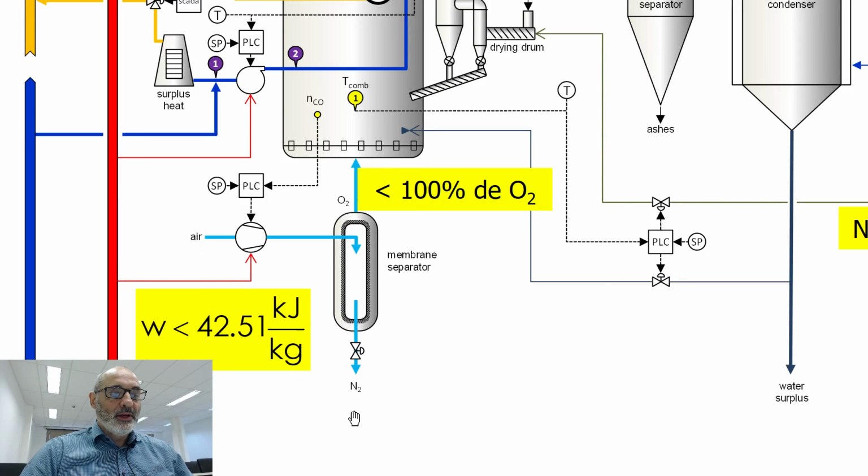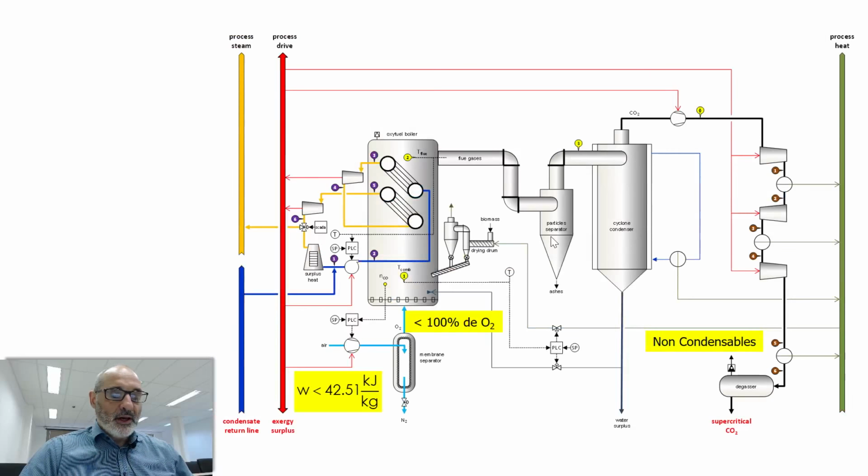So this is how this operating envelope can work. And if you allow for some amount of nitrogen, as I already explained, you can reject that through this non-condensables exit here.